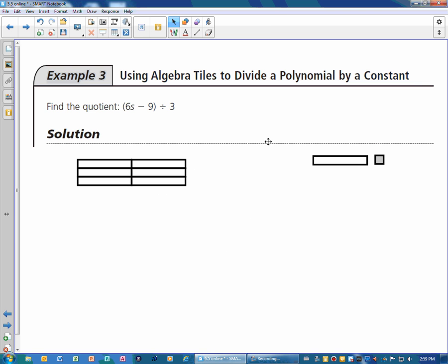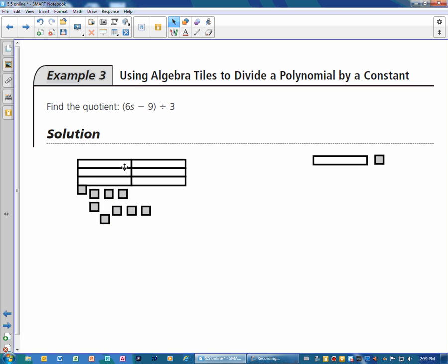Okay, there's 6s minus 9. I'm going to cheat a little bit. 9.